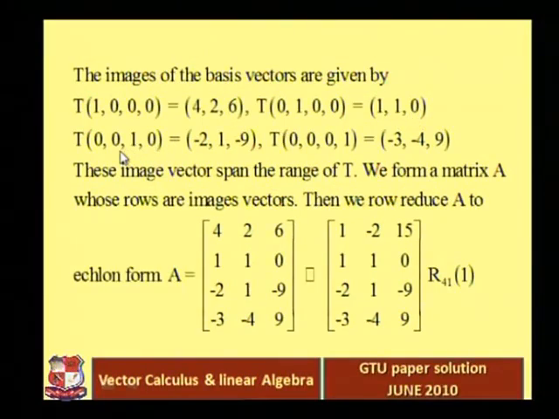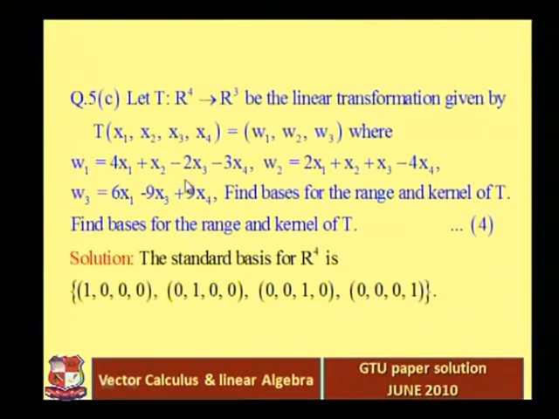Put T of 0 0 1 0. So you will get minus 2, because only x3 is 1, and x1, x2, x4 are 0. So you will get minus 2, 1 and minus 9.